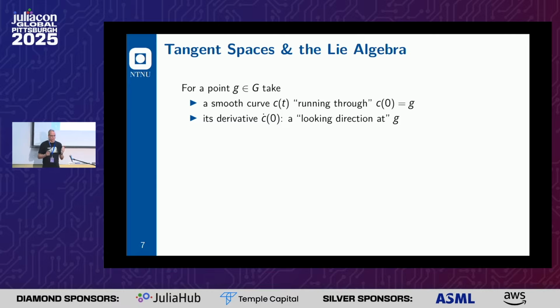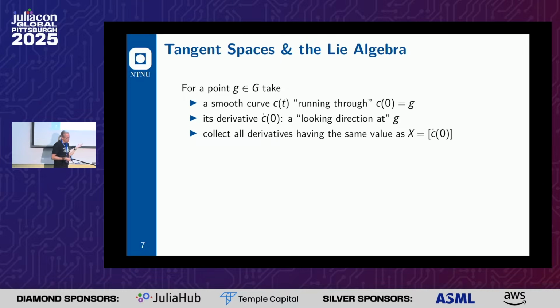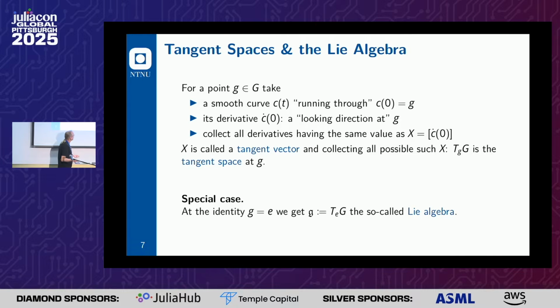Just imagine on the sphere, one curve again, you're at a point, you look at the derivative, that's a tangent vector, and you can interpret that I'm standing somewhere and I look in a certain direction. Okay, that's not the full story. Formally, we have to build the equivalence class of all curves that have the same derivative, but then we end up with X, and that's called the tangent vector, and if I collect all of those, I get the tangent space at a point. That's basically collecting all looking directions, collecting all derivatives.